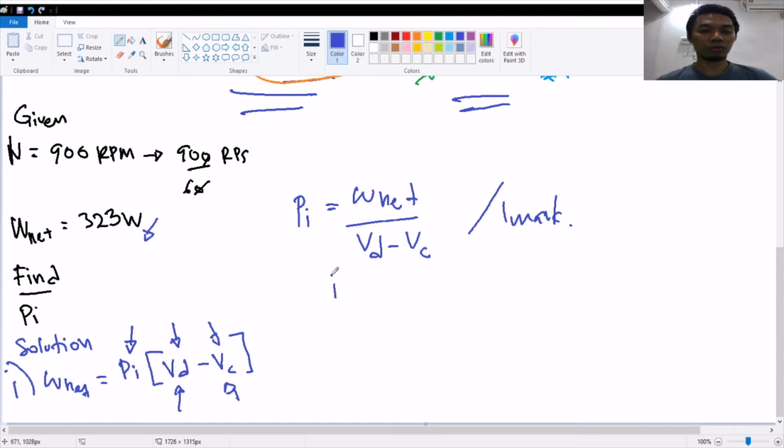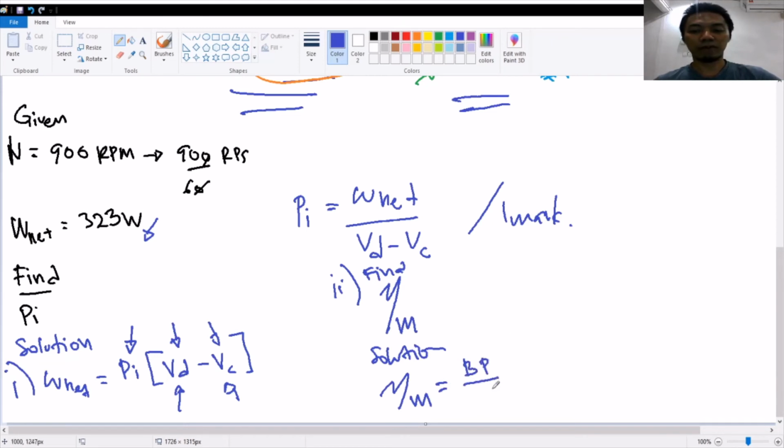Solution number 2. Why solution number 2? Because we have another component of that question. Within component number 2, the question asks you to calculate mechanical efficiency. Find mechanical efficiency. So solution: you have a formula of mechanical efficiency equal to BP divided by IP.